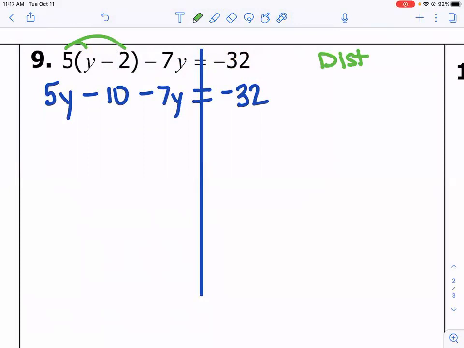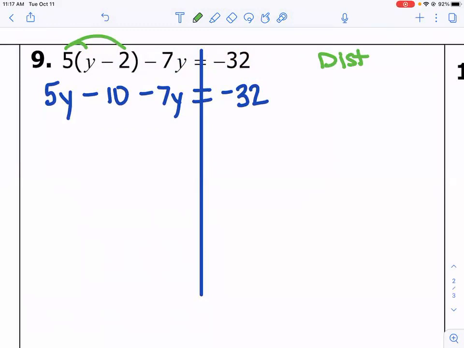Now, are we ready to do inverse operations? No, we are not. Why is the answer no, Tyler? Look up there. What do we need to do on the left side?